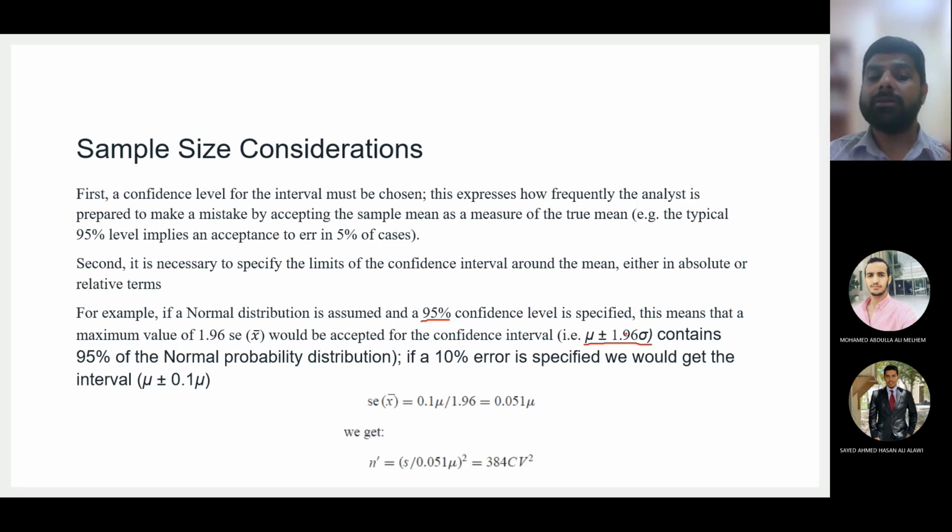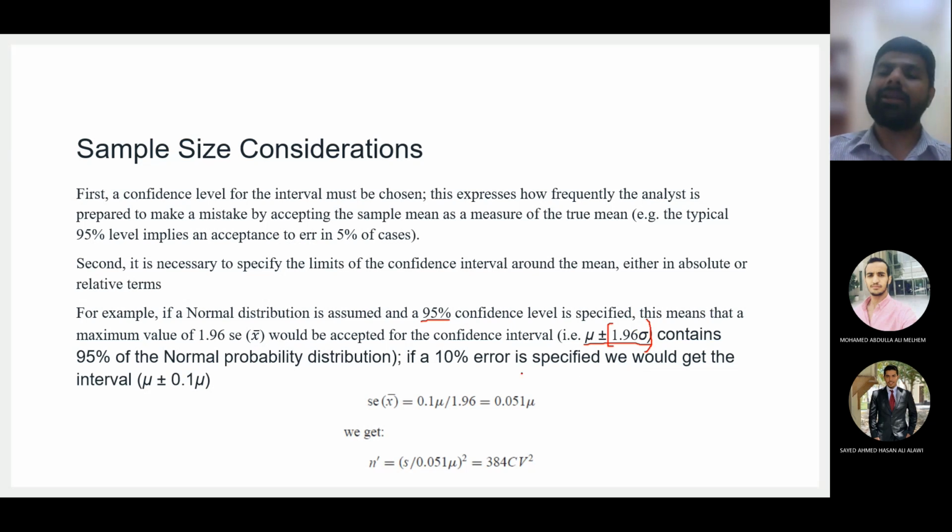This 1.96 sigma is the error I'm accepting in the mean. So from the confidence interval, I know that whatever error I fix will be equal to 1.96 sigma.